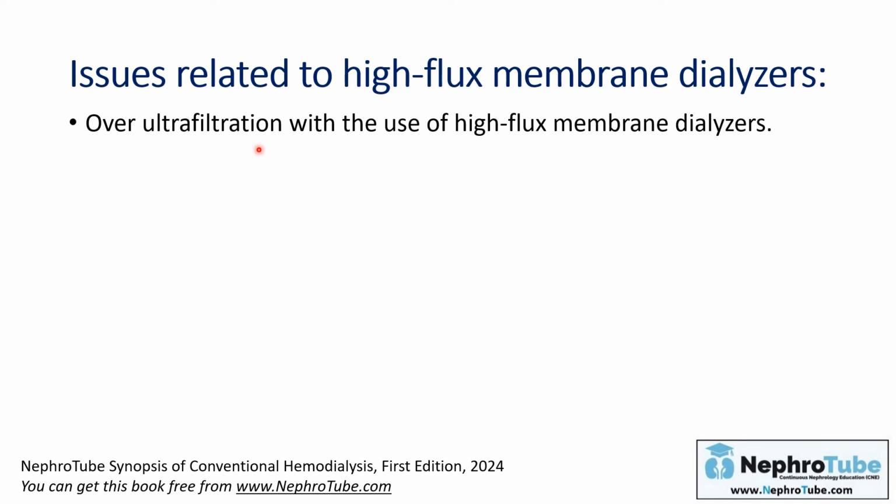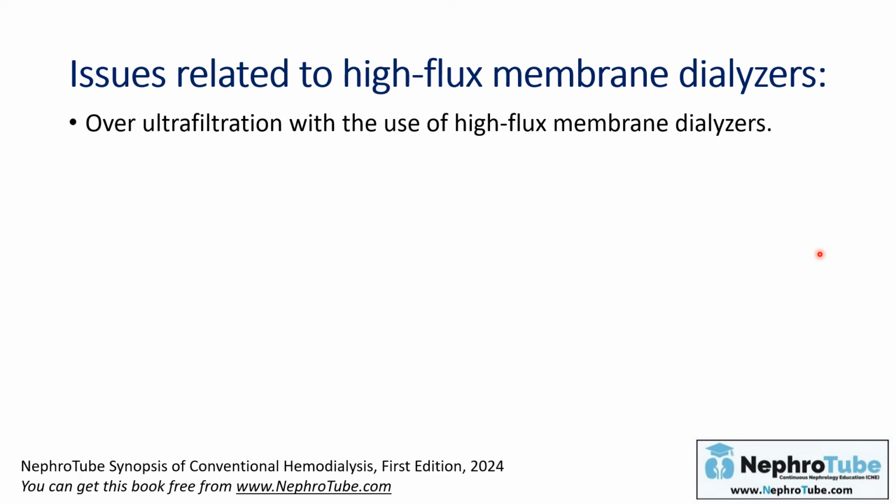So it is crucial to have machines that can precisely regulate the ultrafiltration rate. And actually, the hemodialysis machines that we are using now are precisely regulating the ultrafiltration rate. So the issue of over ultrafiltration is very difficult to happen nowadays with high flux membranes in our dialysis machines.